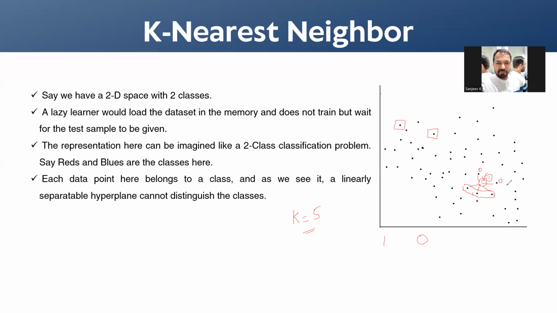Understood? So what we are saying is we have to choose the number of nearest samples, and whichever is the majority class in the chosen samples, that would be the class of the new test sample. Okay, let's move forward and see what we have.